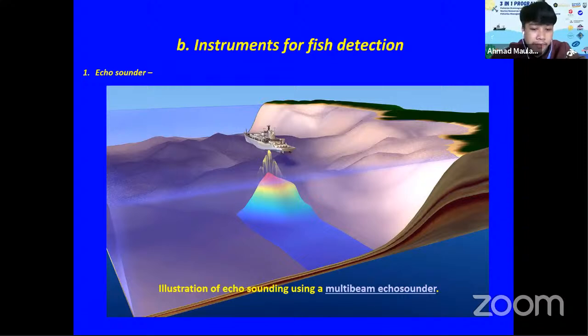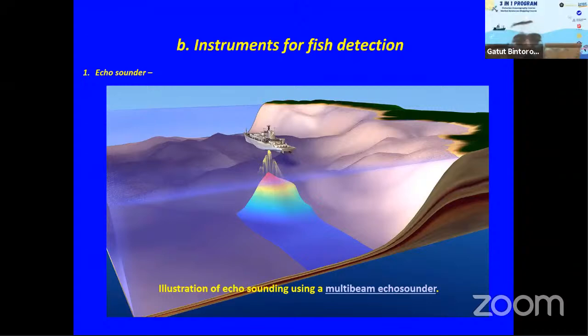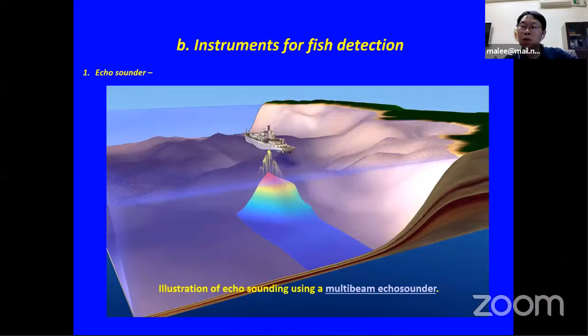The mixed layer depth in general is like a homogeneous water mass due to good mixing from the surface down to some depth.